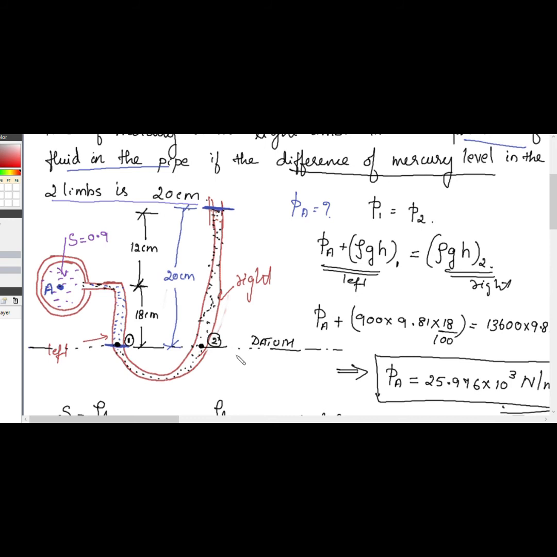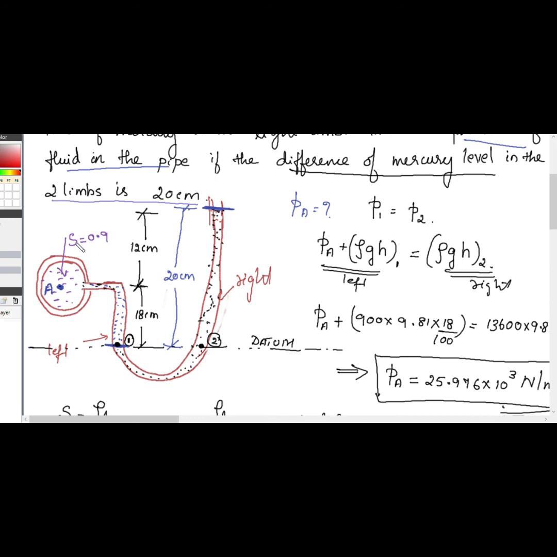Horizontal level will be the same. So pressure at 1 is equal to pressure at 2. Pressure at 1 is pressure at A plus the pressure due to this height, that is 18 centimeter. Pressure at 2 is equal to the pressure intensity due to the height of 20 centimeter. So substitute, and we will get the answer. In order to find the density, you derive it from the specific gravity.